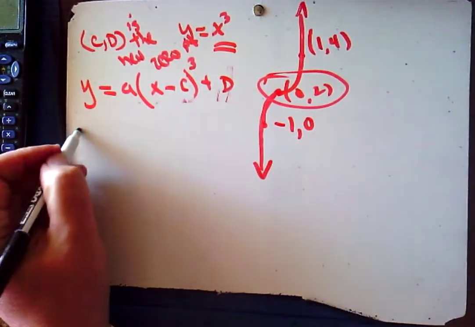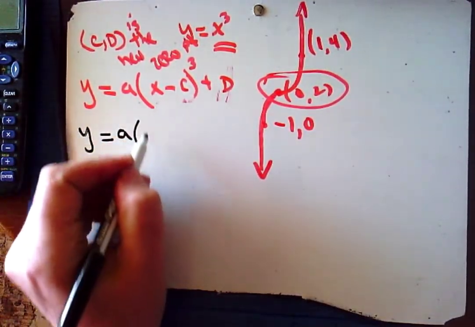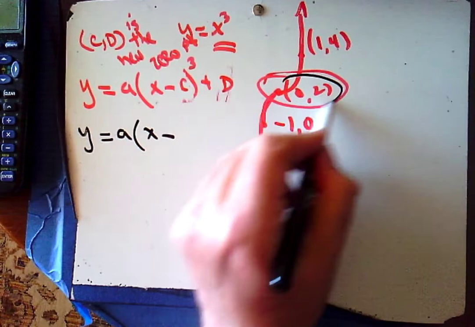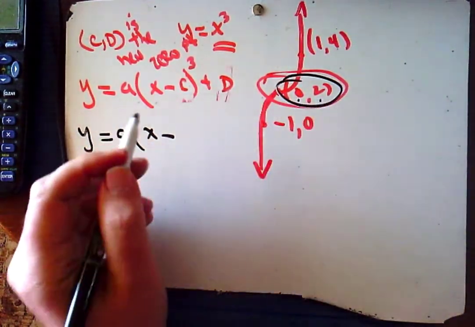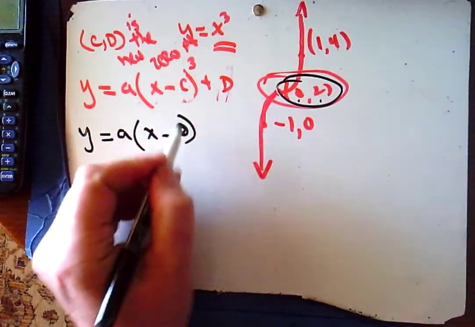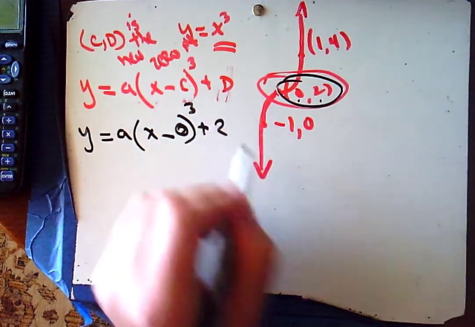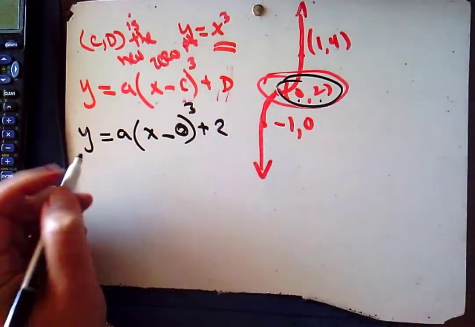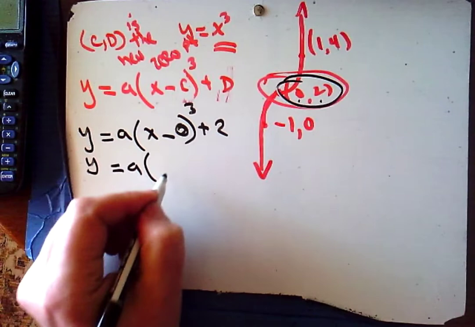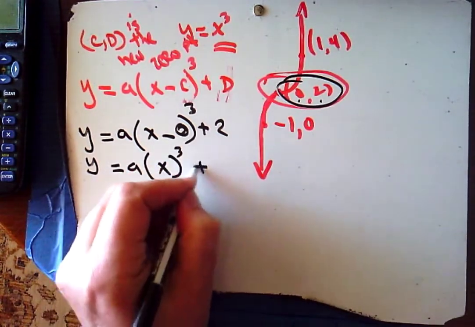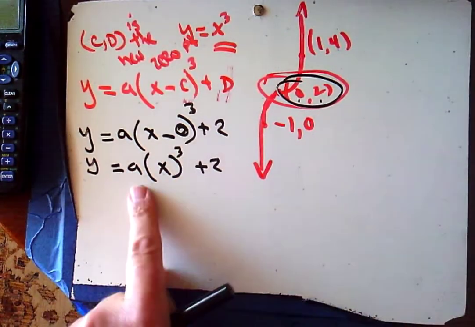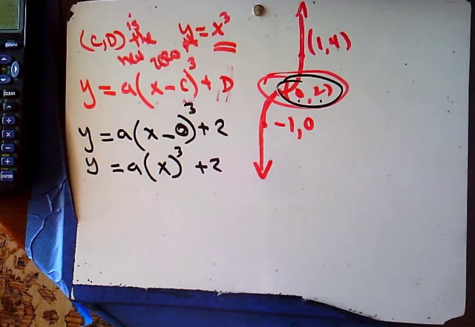Okay, welcome back. So I'm plugging in my 0 point, x minus, this is the 0 point, there's the x value, there's the y value, so (x minus 0) cubed plus 2. I can probably tidy this comfortably to a x to the third plus 2. And I still have this a here. What am I supposed to do with that a?